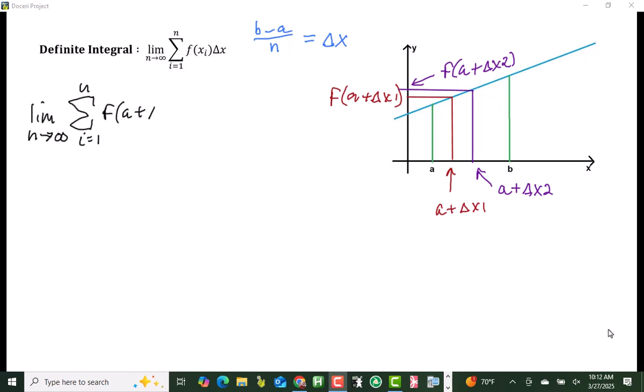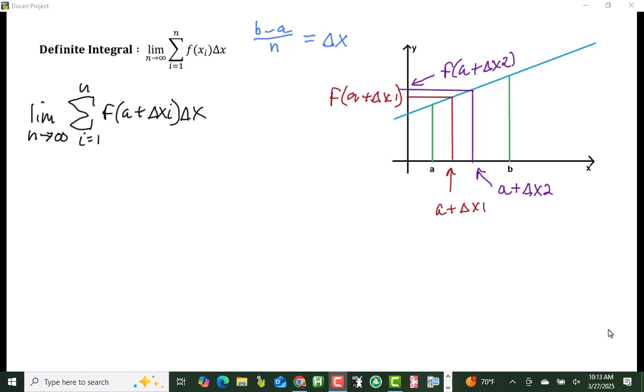So I'm going to say, I'm taking this first idea of a limit up here, and I'm just plugging in what my generic x values are. I'm saying x inside these parentheses is just a plus some number of times delta x. Because i is going to go from what? 1 to 2 to 3 to 4 to 5, 6, all the way up to as close to infinity as we can get.